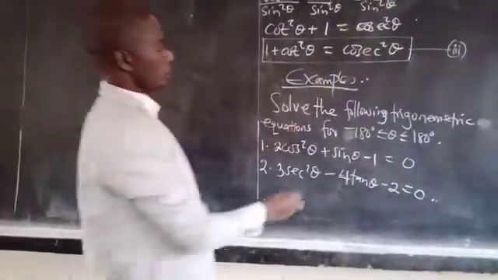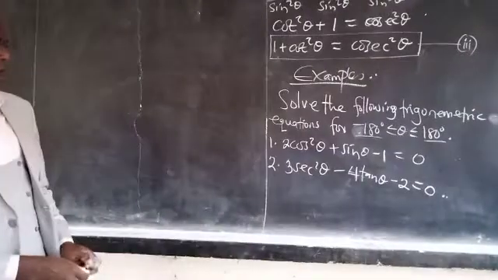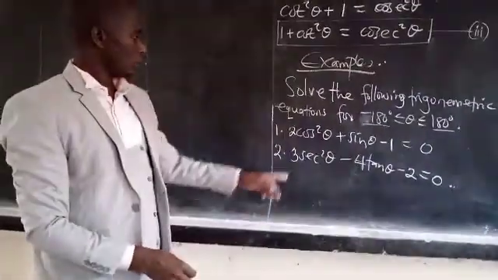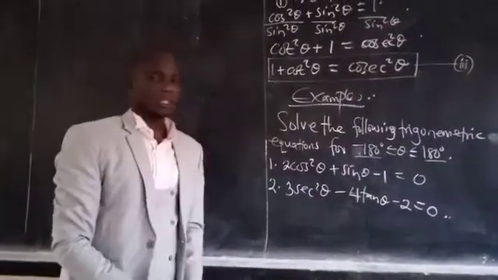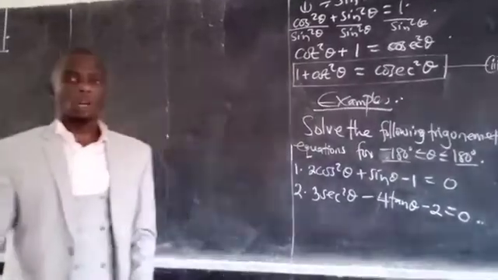Yes, we are solving. You have to mark the range from negative 180 to positive 180. 2 cos squared theta plus sin theta minus 1 equals 0. 3 sec squared theta minus 4 tan theta minus 2 equals 0.